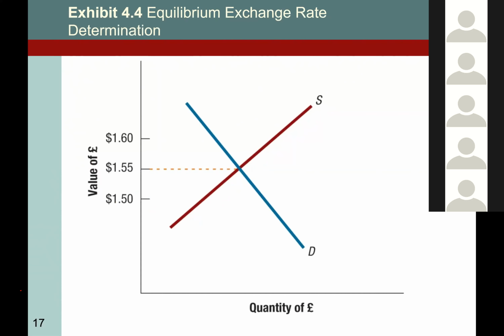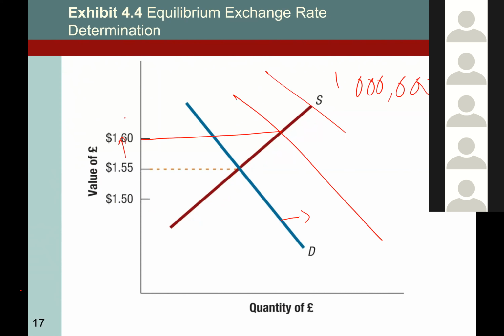So the liquid spot market concept is that if, for example, the currency is not largely recognized, let's suppose the dollar is not very tradable or not very recognized, and a $1 million order came, it pushes the demand towards the right side.